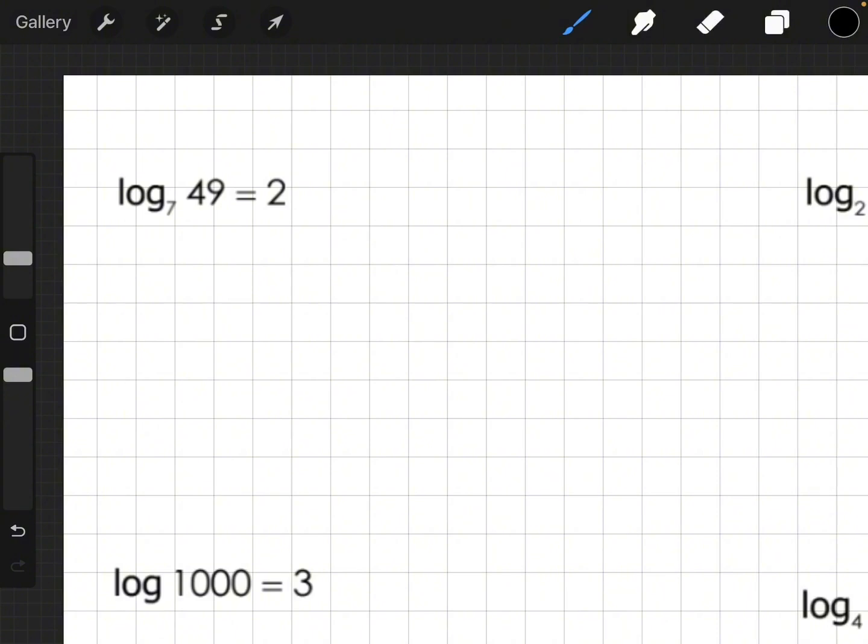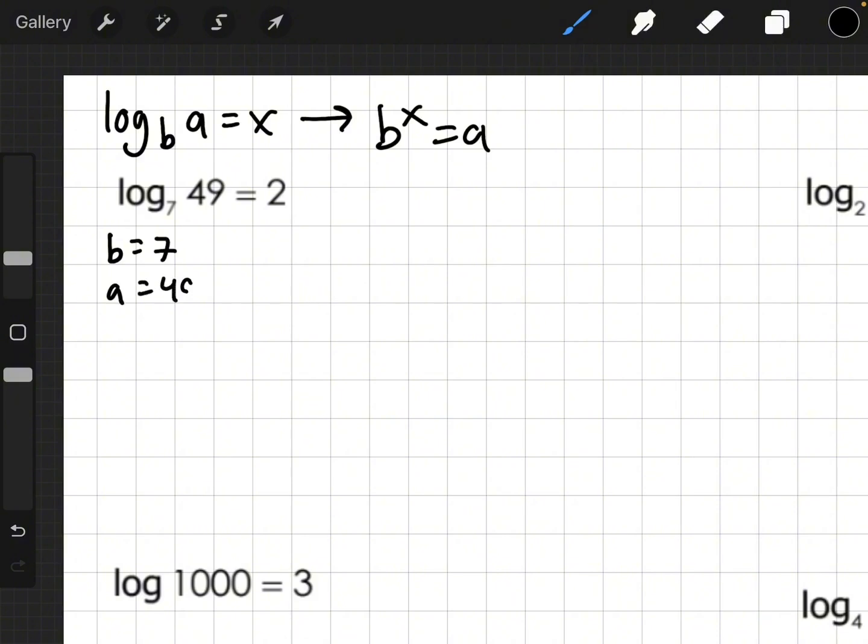Remember that log base b of a is equal to x becomes b to the power of x equals a. So b equals 7, a equals 49, and x equals 2. When we rewrite this, we have 7 to the power of 2 equals 49.